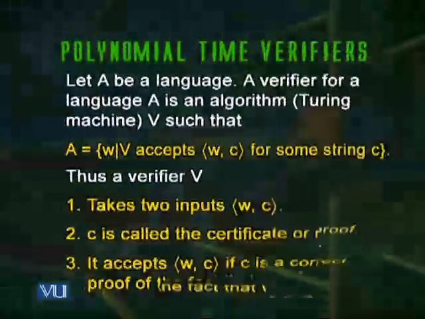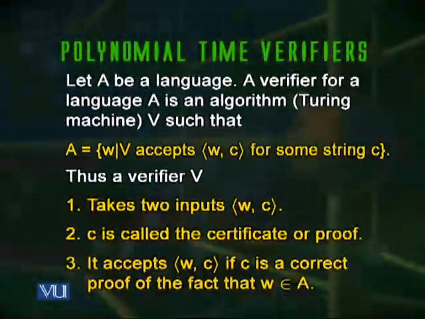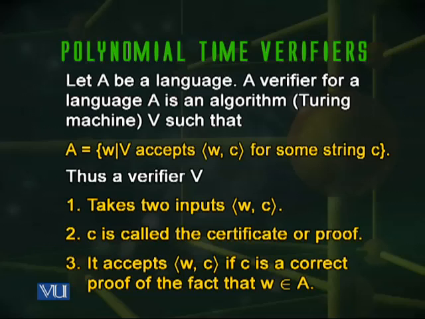So 3 and 5 show that the number 15 is composite. So a verification algorithm only checks if a proof is correct. It takes two inputs, w and c. The first part is what we're trying to prove is in the language. The second part is a proof of the fact that w is in A. And then it accepts only correct proofs of the fact that w is in A.